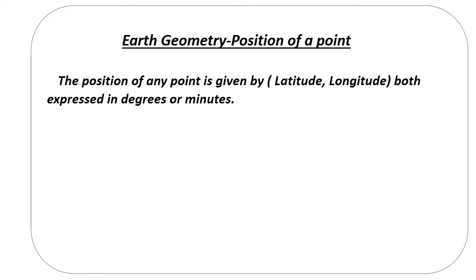The latitude is more like the x and the longitude is more like the y, like I had said. Both should be expressed in degrees, or sometimes they can be expressed in minutes. There is a good relationship between degrees and minutes, and the relation is 1 degree is equal to 60 minutes. So sometimes they are expressed in minutes.